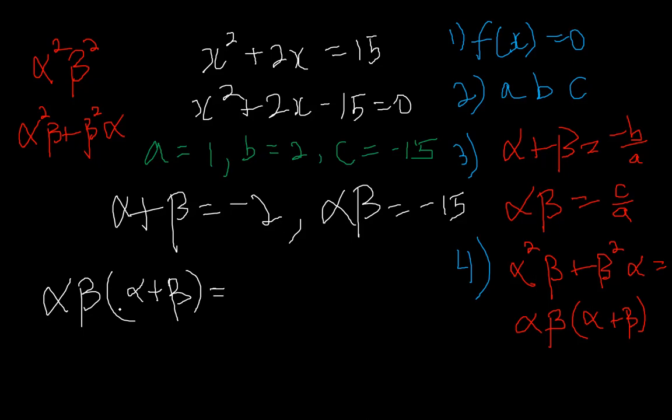Alpha beta is negative 15, and in brackets negative 2. Negative 15 times negative 2. Exactly, and that will be the answer.